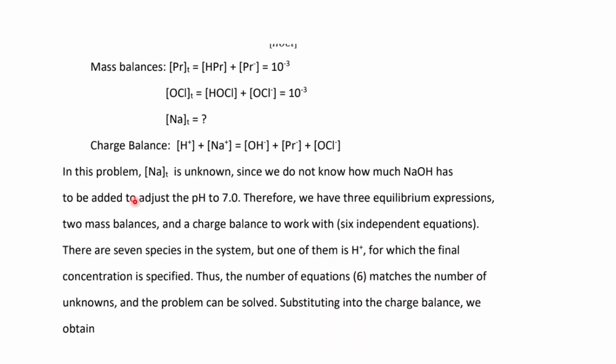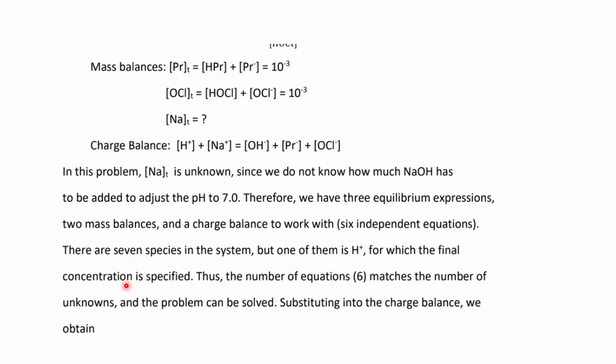Okay, in this problem, Na total is unknown since we do not know how much NaOH has been added to adjust the pH to 7.0. That's why it is unknown. Therefore, we have three equilibrium expressions, two mass balance and one charge balance to work with, six independent equations. There are 7 species in the system, but one of them is H plus, for which the final concentration is specified.